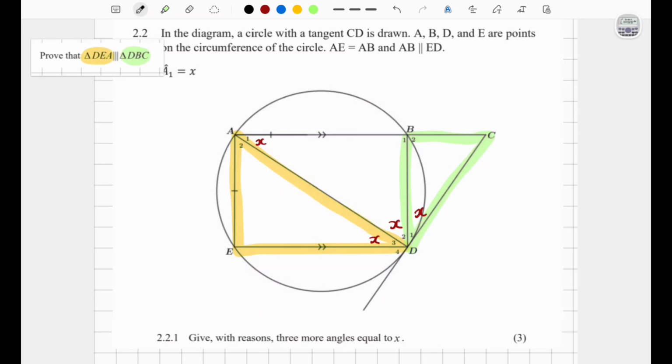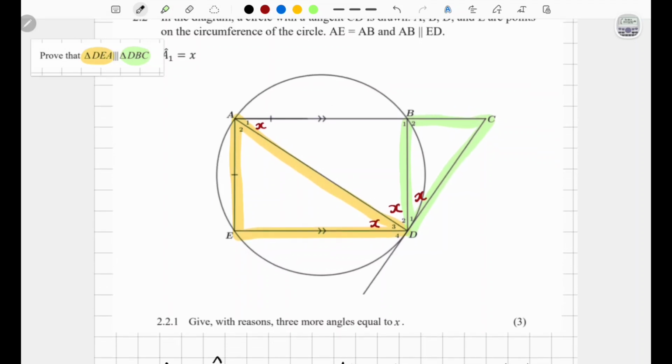Or you could also look for the sides, but as you can see, they didn't really give you the length of the sides. Like we don't know this is 8 centimeters, for example. So we're looking at the angles. Well, good thing is angle D3, do you see that is X? And in that triangle, angle D1 is also X. So we have one angle at least down, 2 more to go, or really just 1 more to go. If you get one angle, then by default, the third angle in both triangles will be equal.